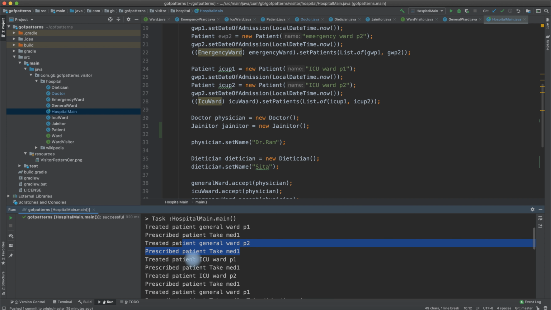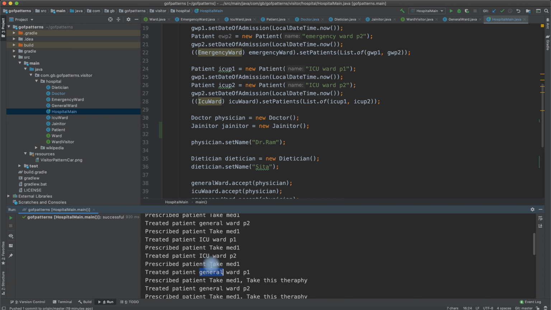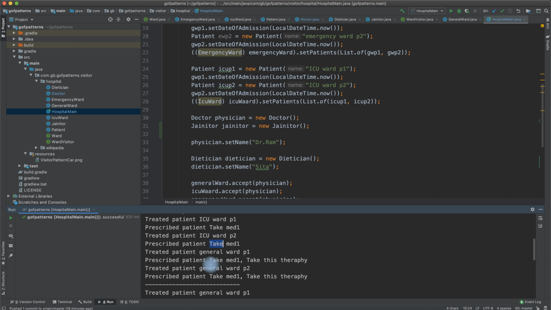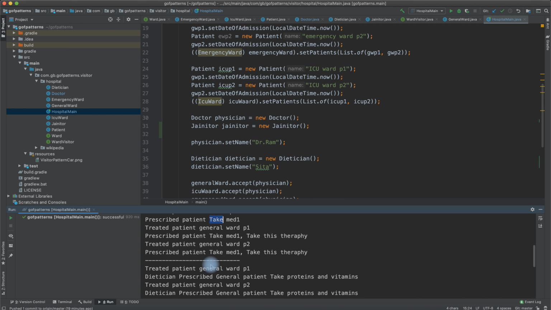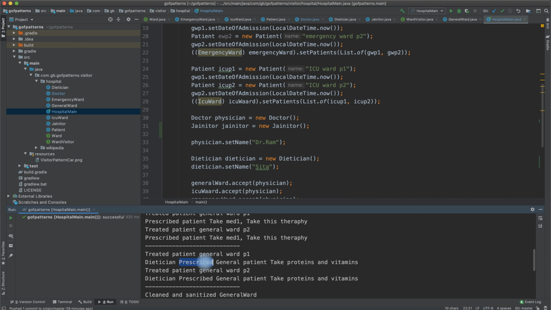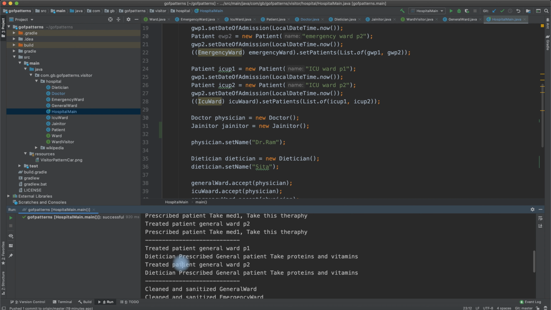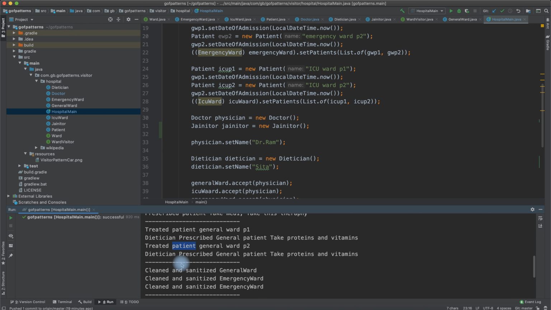Then the doctor goes to ICU and treated, and then the general ward treated. Then the dietitian goes to the general ward and provided this kind of diet. The dietitian visits the patient to prescribe this diet.